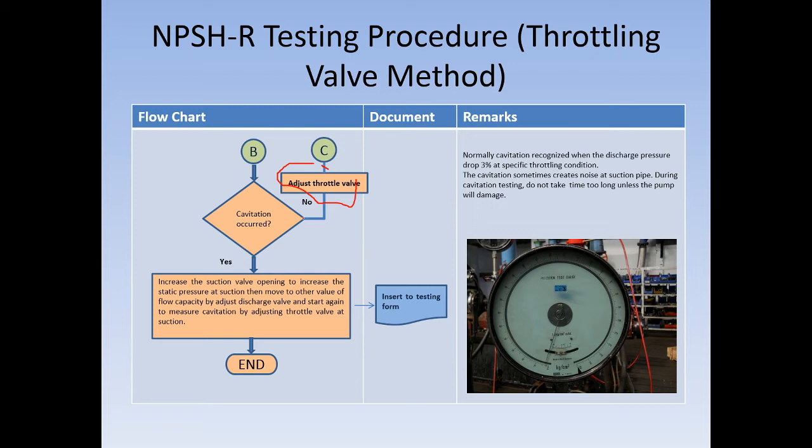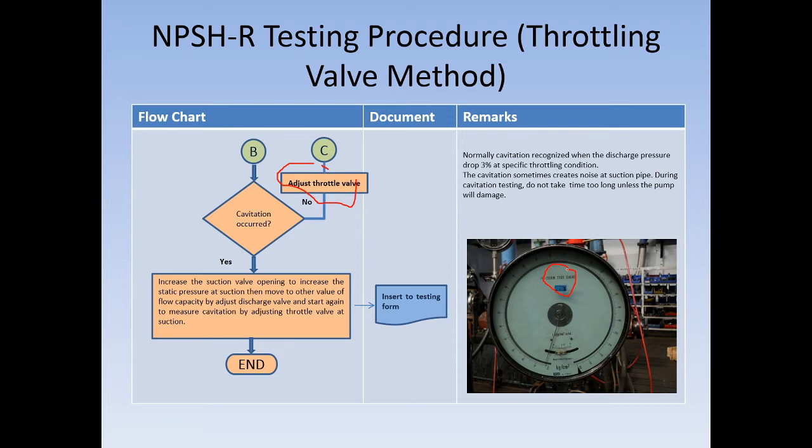Let's say that you adjust and you meet the point where cavitation has occurred. Let's say the static discharge pressure is down 30%, and the needle is moving up. Let's say at 100 meter cubic per hour, the head is 10 meters, then 9.7, and 10 again.